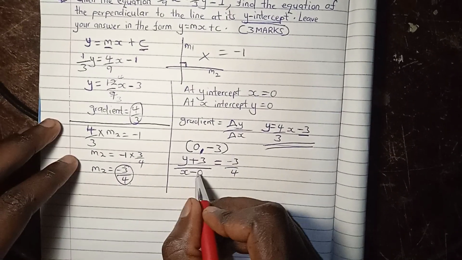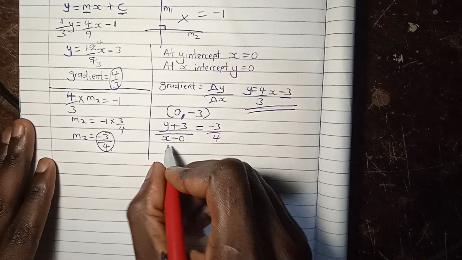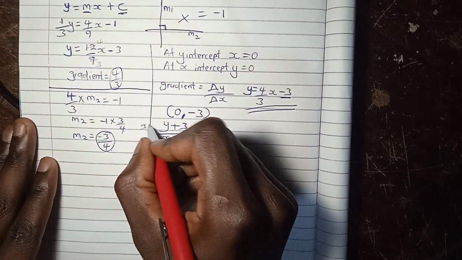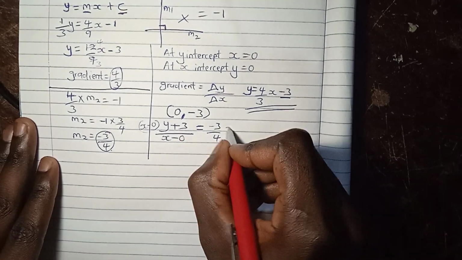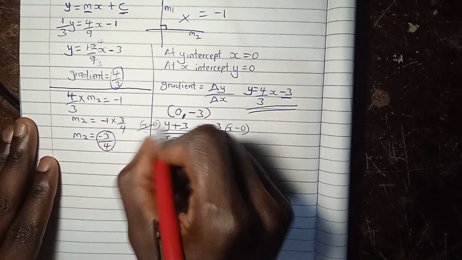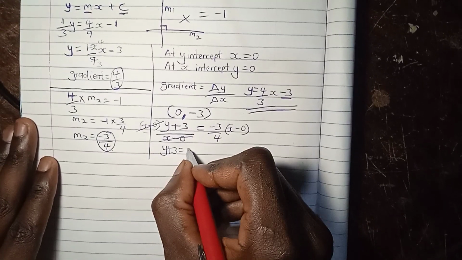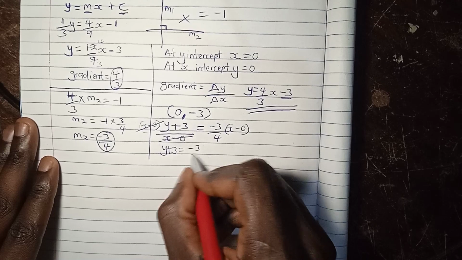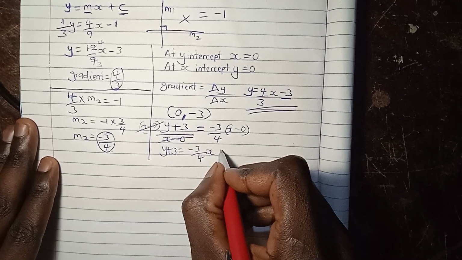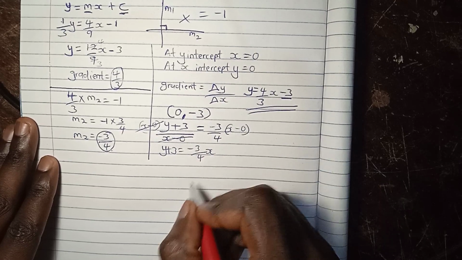What next? Multiply everything by the denominator, x minus 0. It cancels out here. y plus 3 is equal to -3 over 4x. This 0 cancels out.